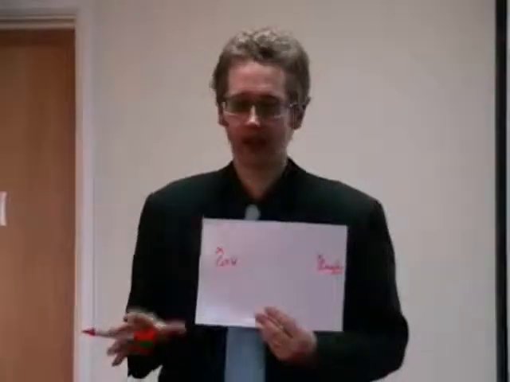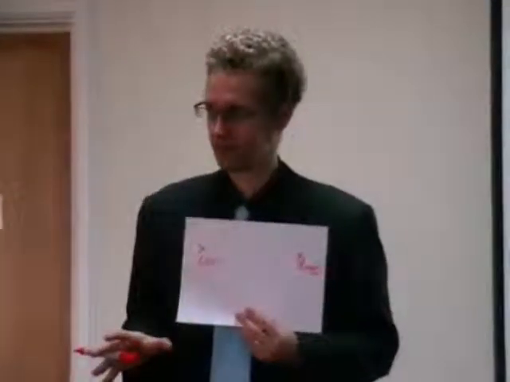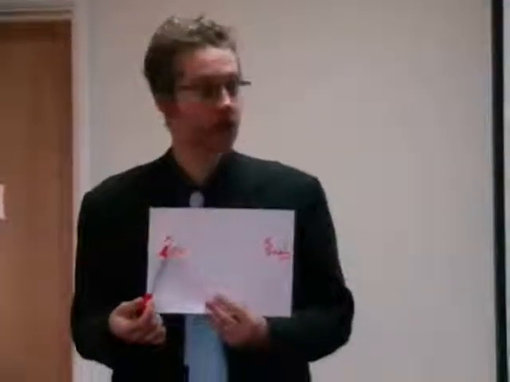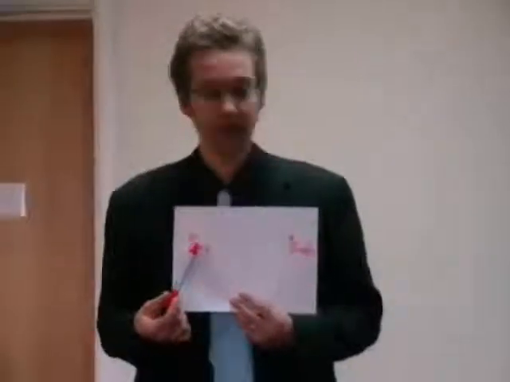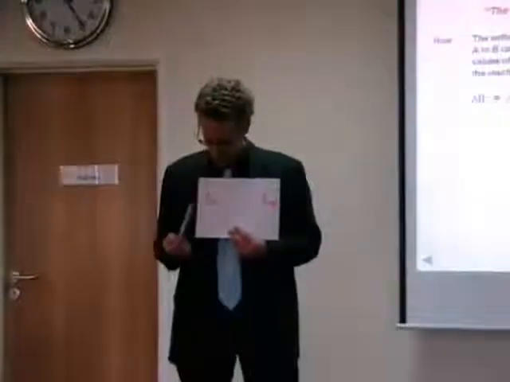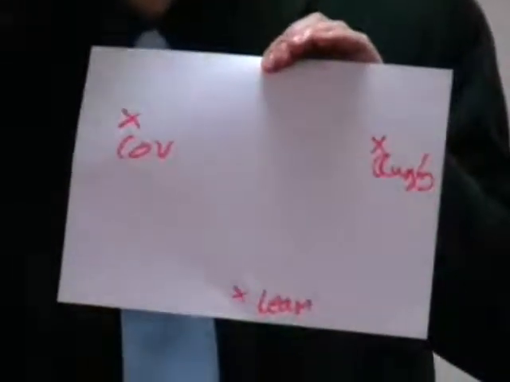I'm going to zoom in. This is an analogy and it has some flaws. But if I start off in Coventry and I want to travel to Rugby, there are several different ways of getting there. I can go directly or I can go via Leamington. This is my very, very crude map of the West Midlands: Coventry, Rugby, Leamington.